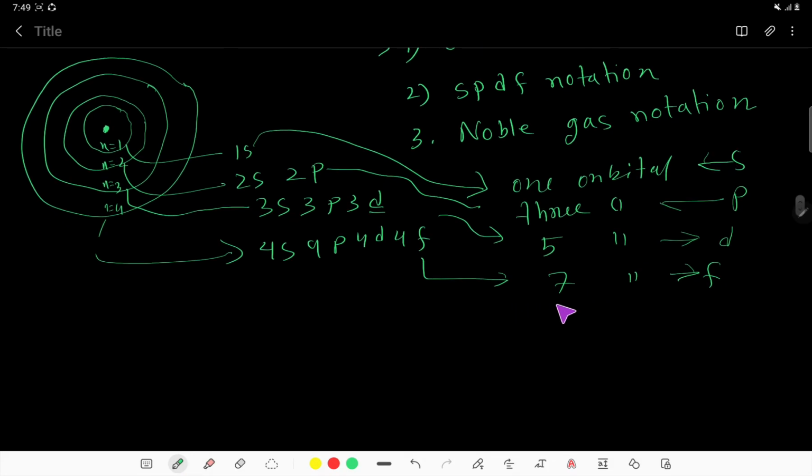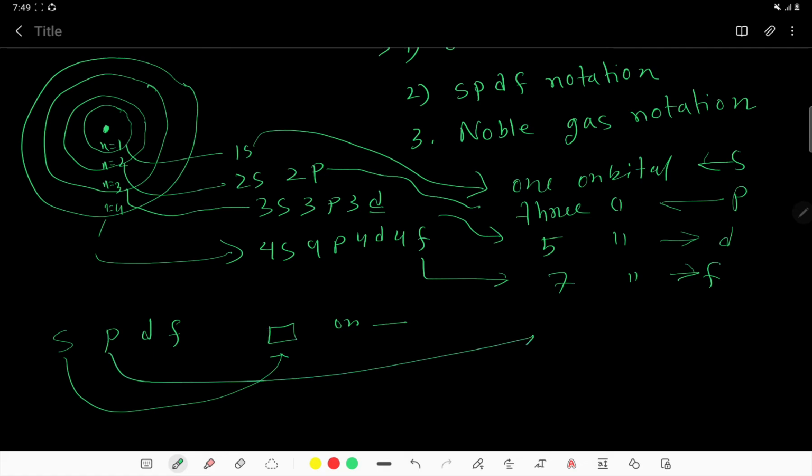So we can express an orbital using a box or a dash. Let's say we have s, p, d, f subshells. The s subshell has one orbital, so we use one box.